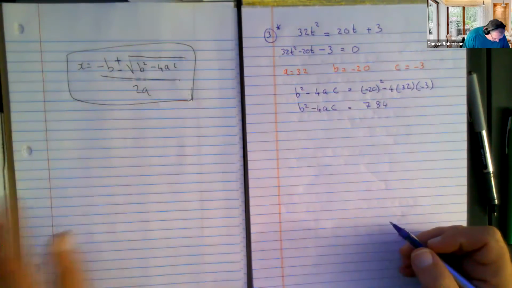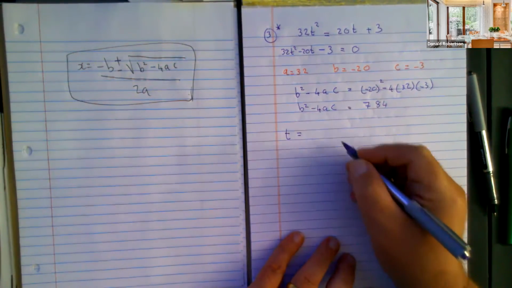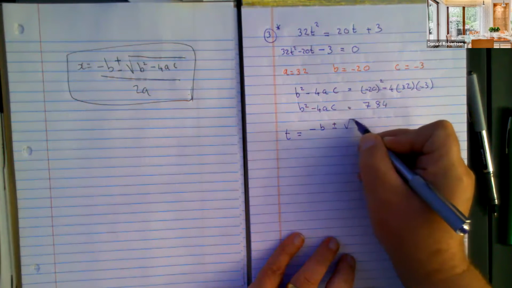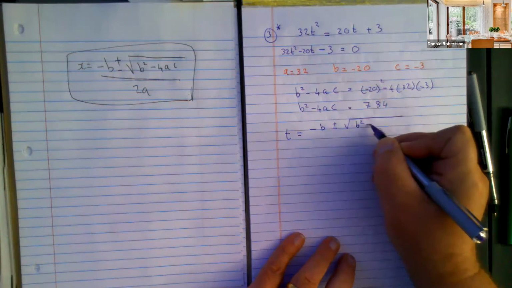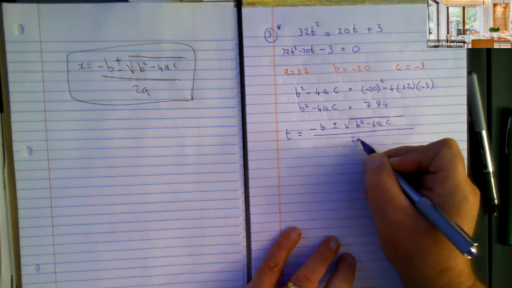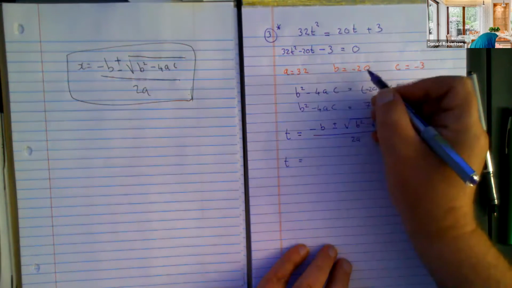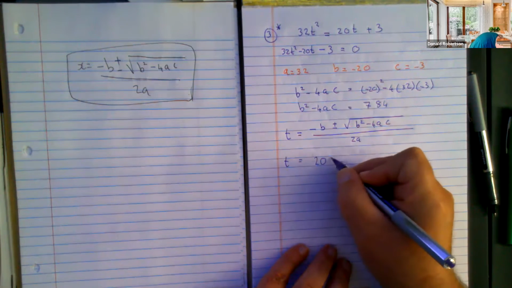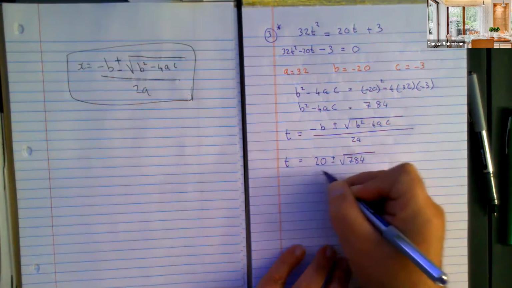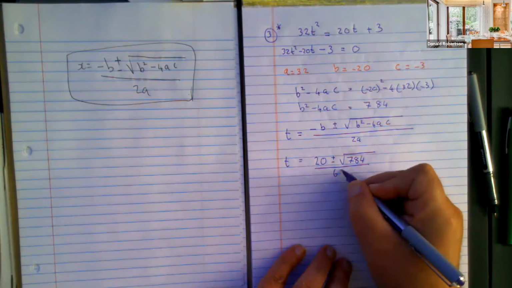Now the quadratic formula is this guy. And in this case, the variable is t. So t is going to equal negative b plus or minus the square root of b squared take away 4ac all over 2a. Negative of negative 20 is positive 20, plus or minus the square root of 784 divided by 2 times 32, which I believe is 64.